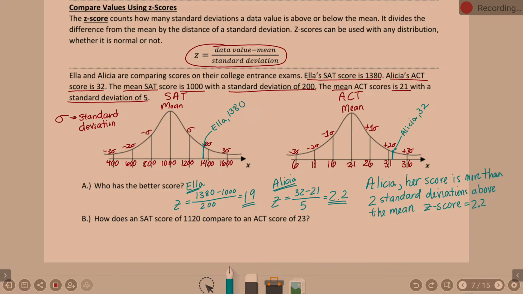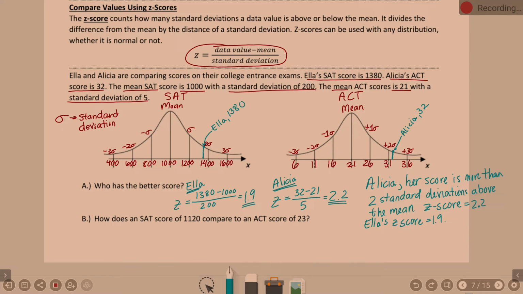And I guess if I had more room, I really should say, as opposed to Ella's, which was 1.9. That's the way we can use z-scores, and that's what we're going to be using the z-scores for, to be able to compare.